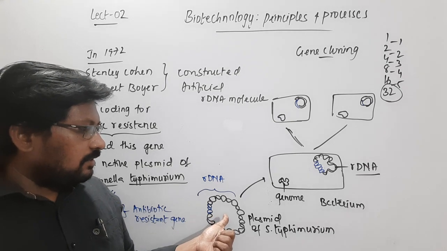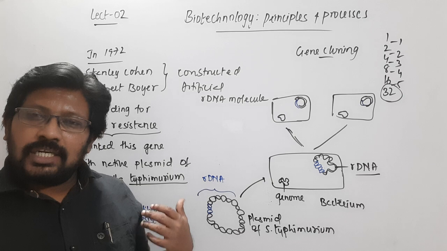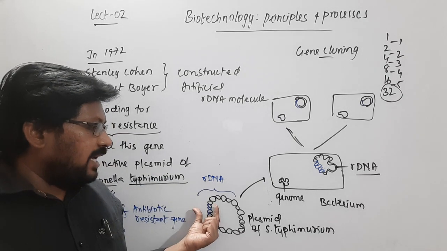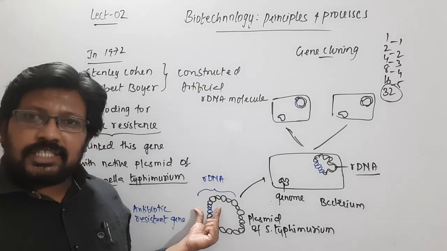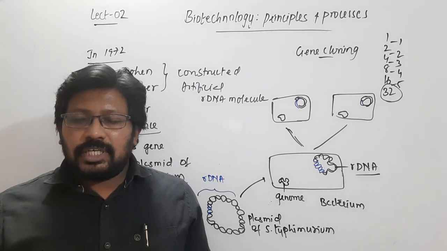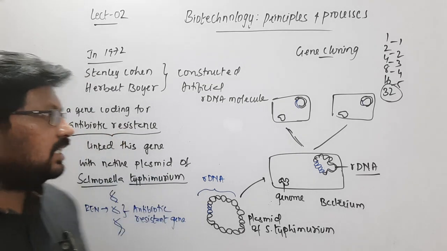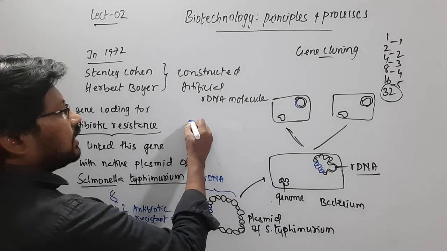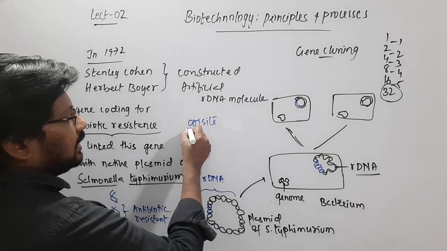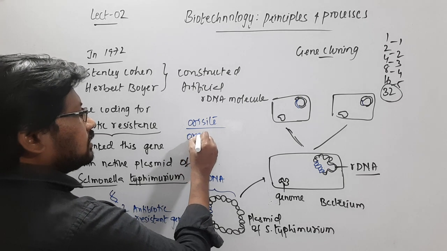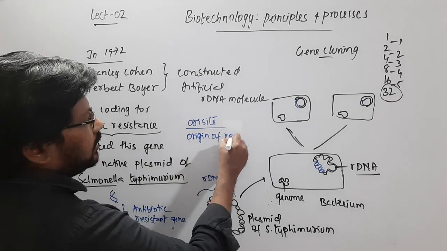If you want to make copies of that gene of interest, you must put it into a DNA that has an origin of replication. In short, that is called the ORI site, which means the origin of replication.